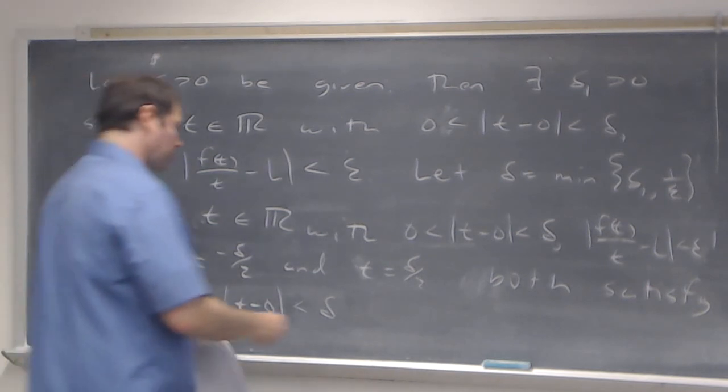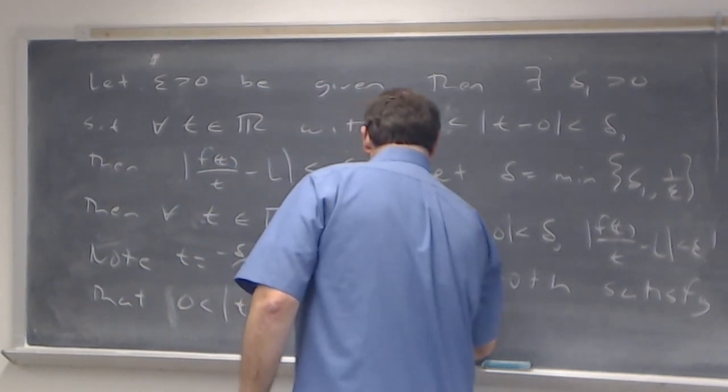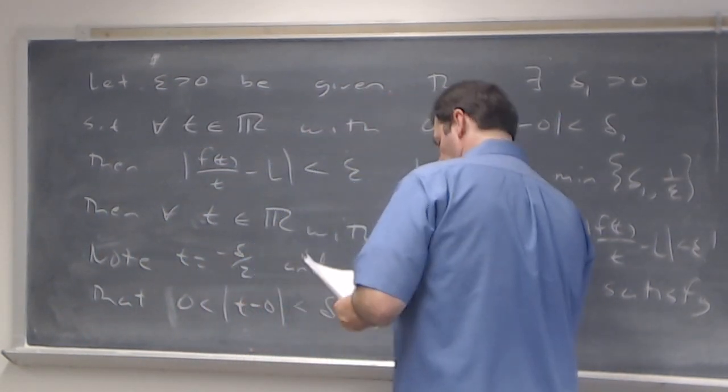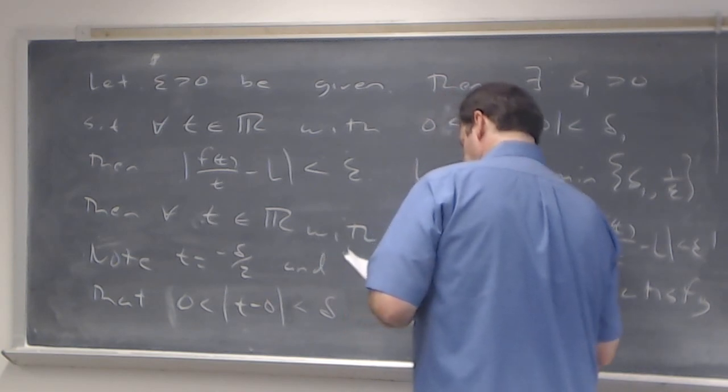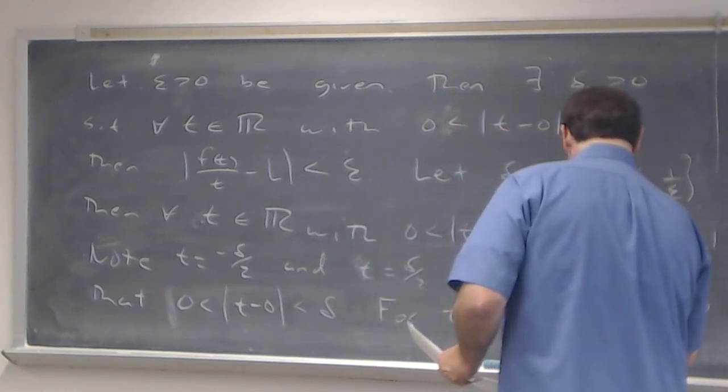So let's concentrate on each one of them individually. For t equal to, let's start off with minus delta over 2. Okay.